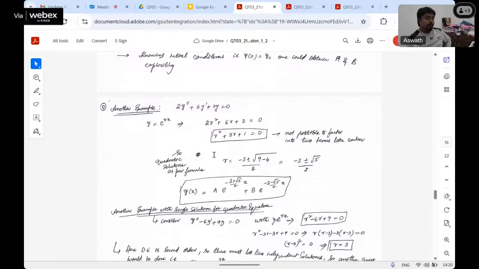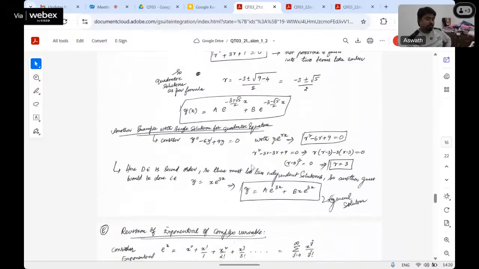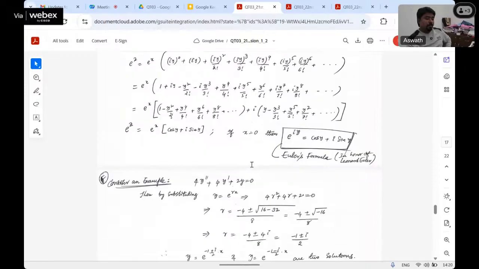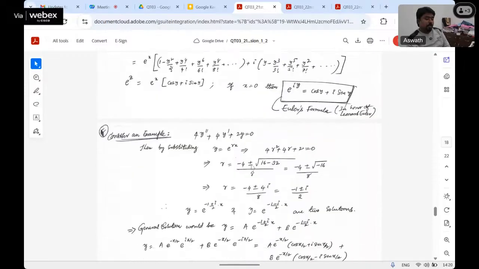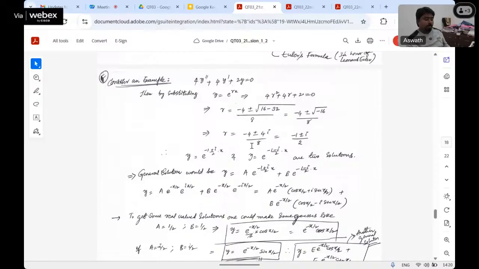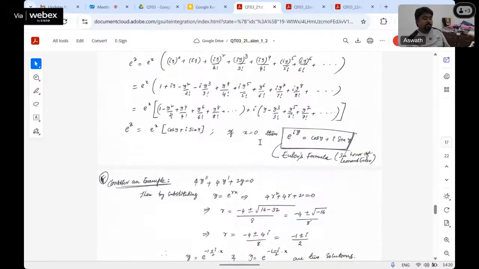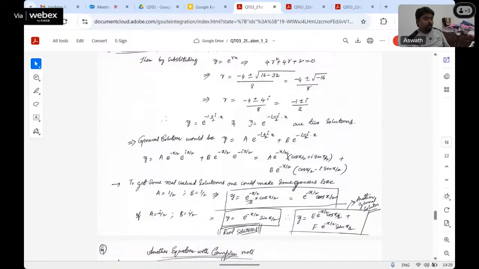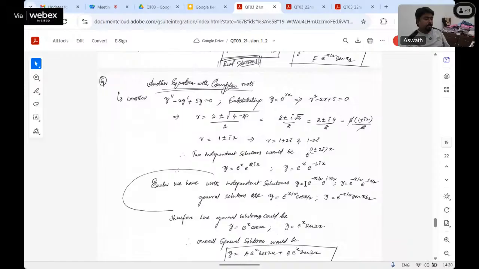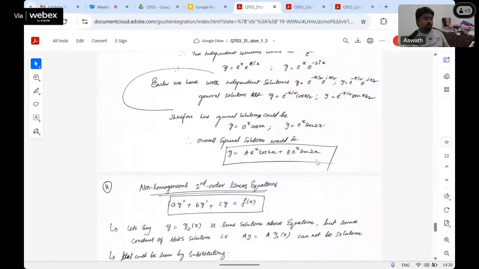Now, for some situations, the R can also be a complex number or a rational number. So accordingly you can get the solutions. For example, for the complex number scenario, this is the equation. You can use complex relations like exponential iy is equal to cos y plus i sin y wherever required. It's called the Euler formula. So with this example we got those complex solutions. Okay, another differential equation with complex roots.